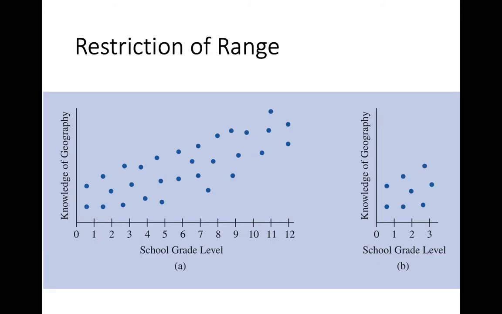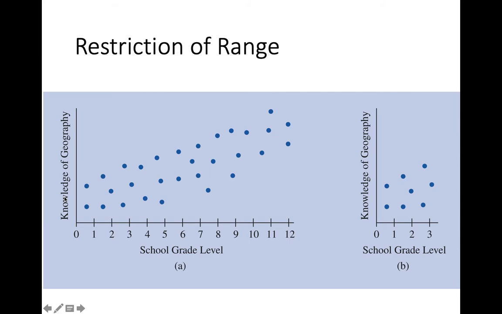Here's another practical example of that. Let's just say we've got, in this example, school grade level, and this goes from the first grade to the 12th grade. So we've got high school students all the way to first graders. And then we have a test which is high school knowledge of geography.